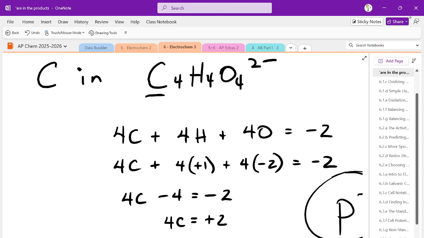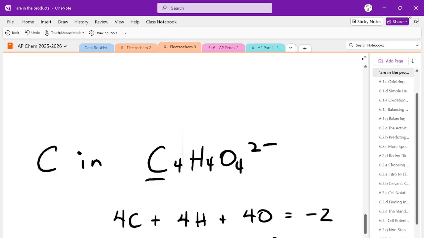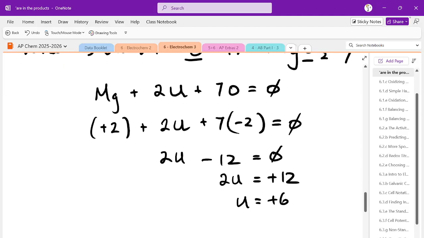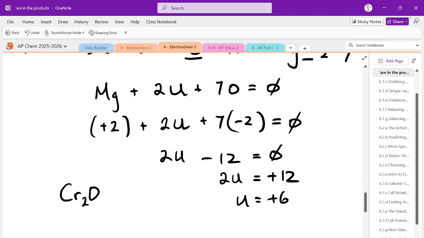Diuranate. So it's kind of like dichromate. It's ionic with a polyatomic ion. It's Mg 2+. And instead of Cr2O7, we have U2O7 2-. They are analogous.